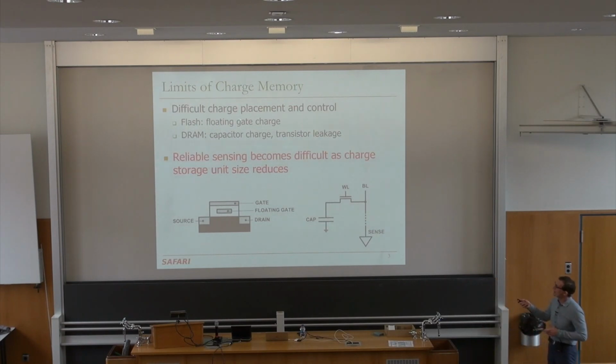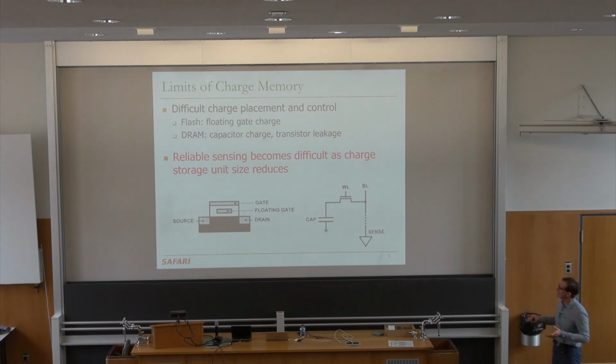But basically, these memory technologies are very much vulnerable to charge being affected by many things. Rowhammer is a very good example of charge being affected by activating neighboring word lines, for example. That happens in flash also, read disturb effects. It's going to happen in resistive memories also, but it's easier to do when you're charge-based.